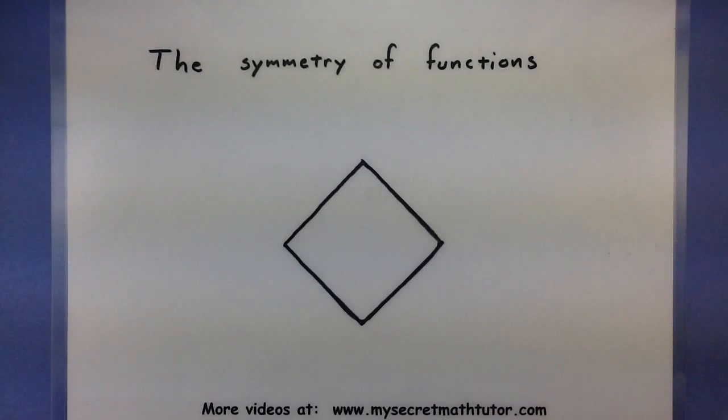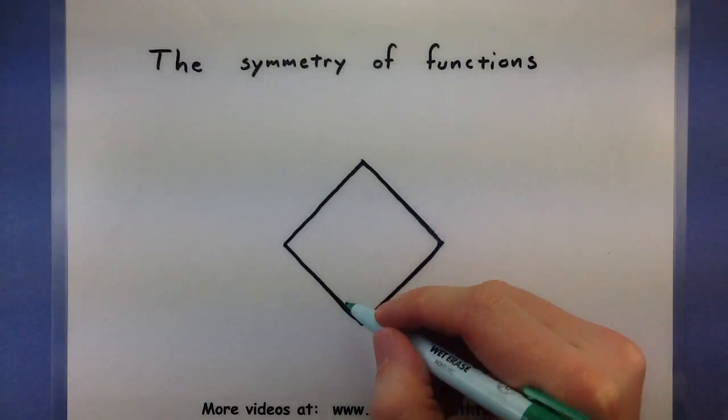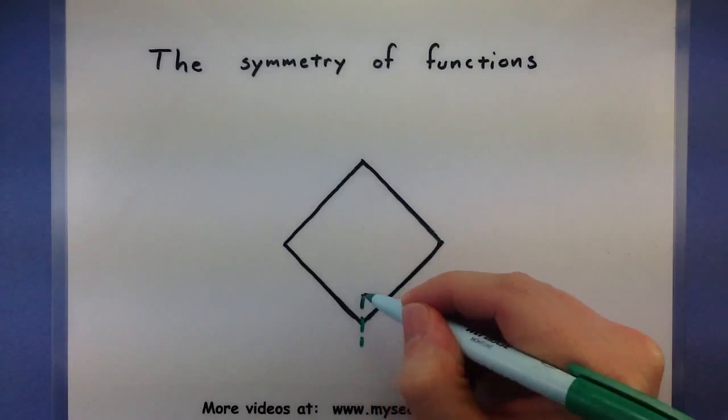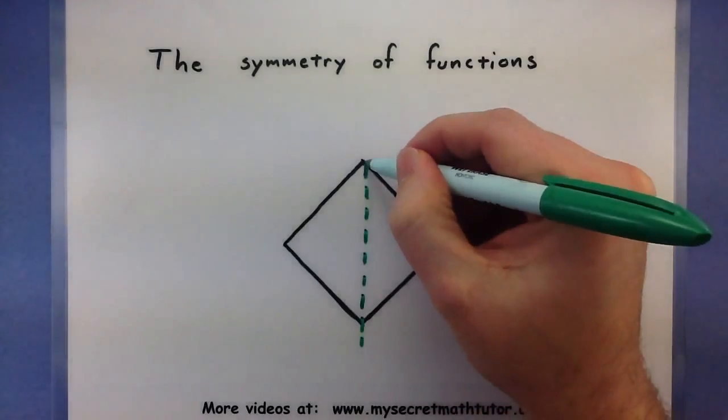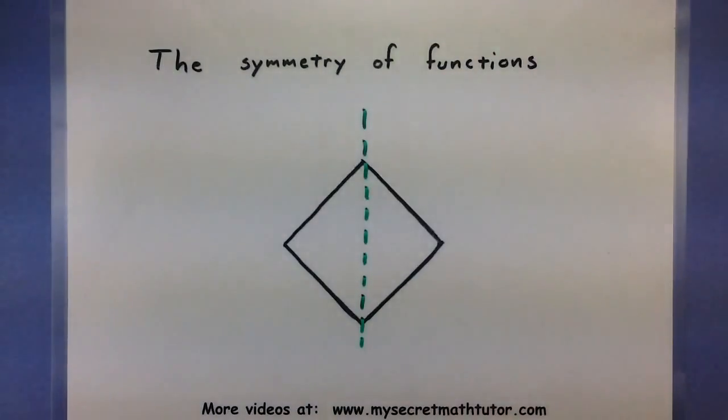So, take this little diamond shape here. It has lots of symmetry in it. One good example of a line of symmetry would be one I could draw directly down the middle. If I fold it along this line, it would match up with itself. Now, some objects have several different lines of symmetry in them.